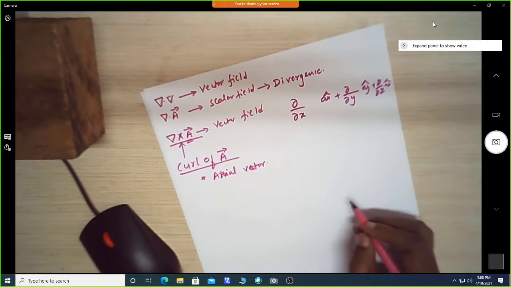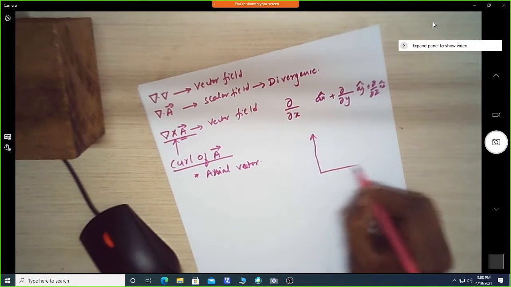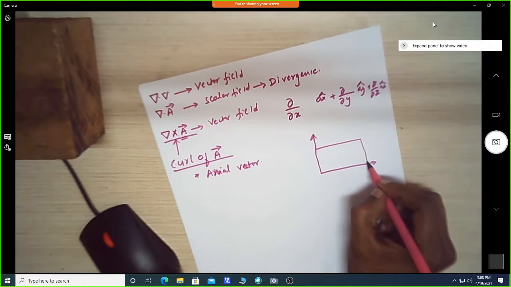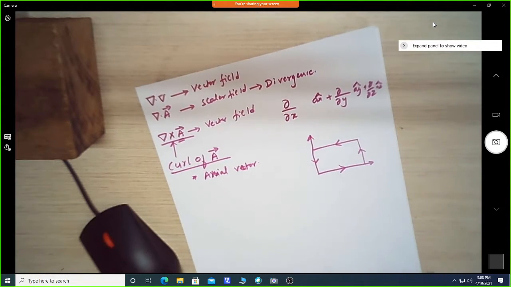What is meant by an axial vector? Say for example I am considering a closed line like this.